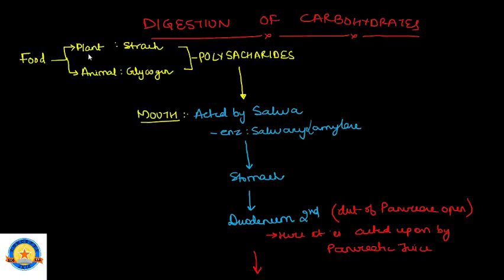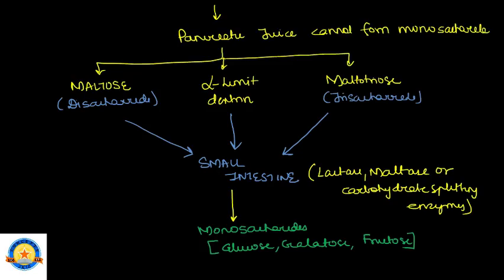So first of all, again we will do it. The food mainly consists of plant products, animal products, starch, glycogen. They are mainly polysaccharides. In the mouth, they are acted upon by saliva, salivary amylase, but not much digestion happens. Then the stomach, not much of a thing. In the second part of the duodenum, polysaccharides are converted to disaccharides and trisaccharides by pancreatic juice. That is, we get maltose, maltotriose, and alpha limit dextrin.